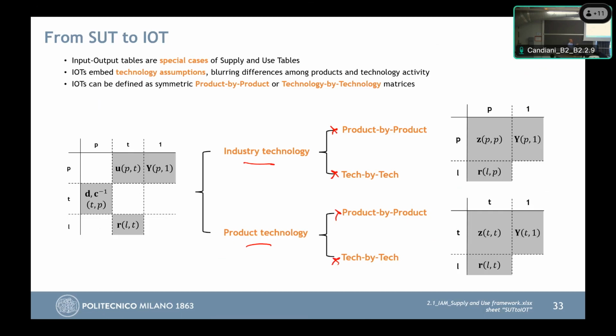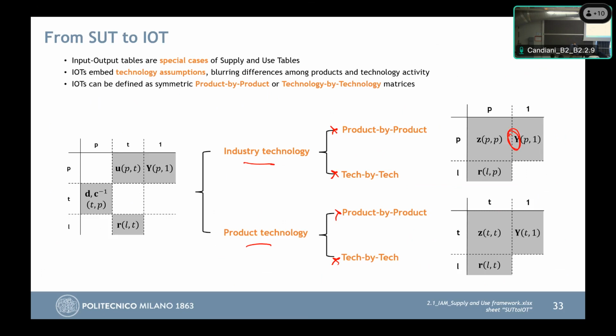Do we have a product by product or a technology by technology table? It's very important because anytime we are doing analysis, we are applying some shocks, numerically speaking. So we are defining a demand, for example, a final demand. But in case we are using a product by product table, we have to remember that the final demand we are defining must be defined in terms of product.